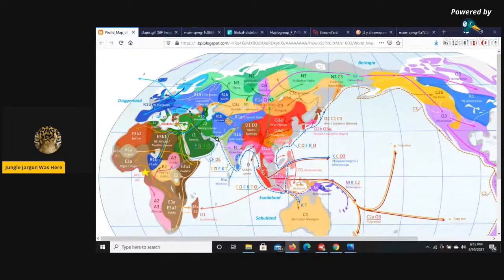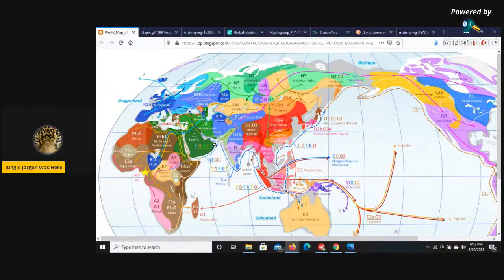Oh, look at this. This Elamo-Dravidian. So the Dravidian, the Elamo-Dravidian PQR. But the Elamites, I'm pretty sure, in other words, Elamites and Dravidians.